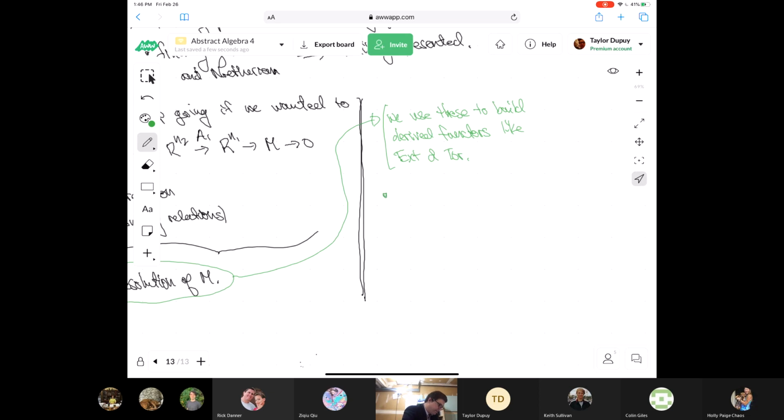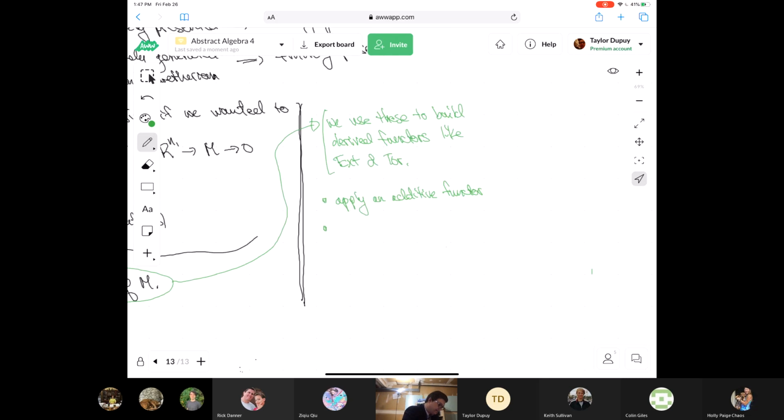So what you do is you apply an additive functor. That just means that it needs to map to another abelian category. So that's not exact. Our free resolution turns into a chain complex.